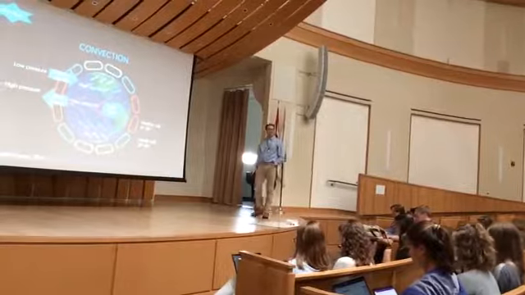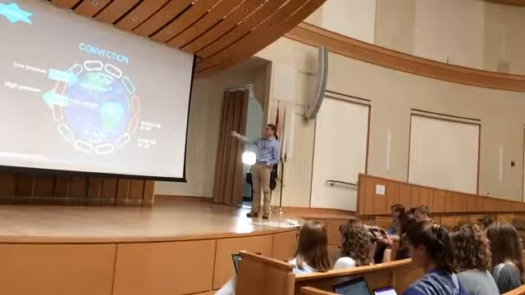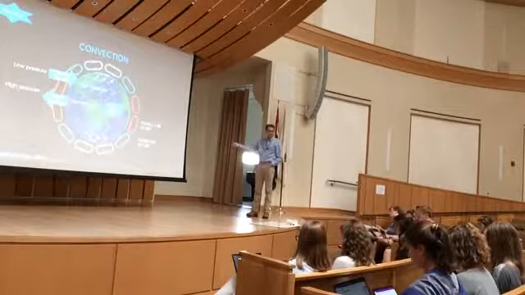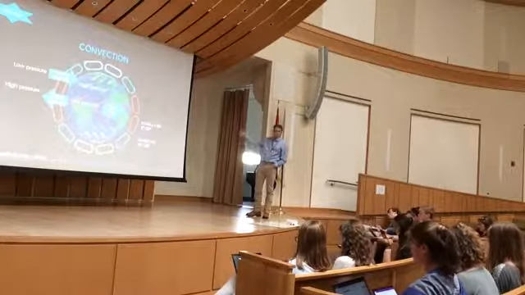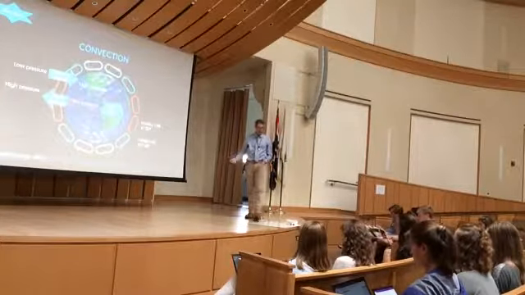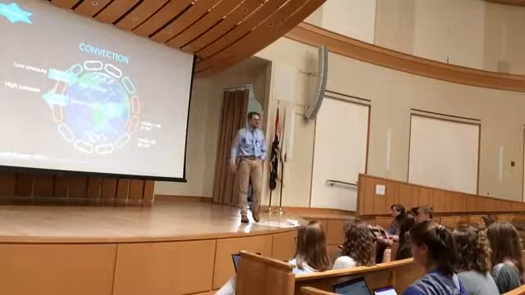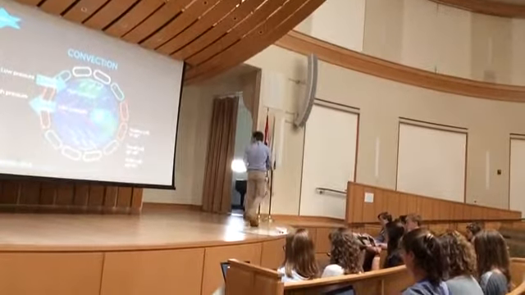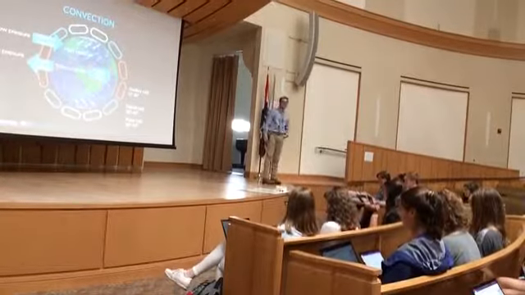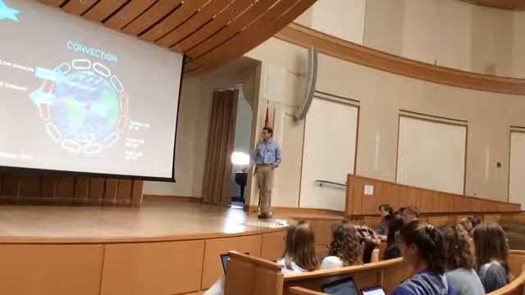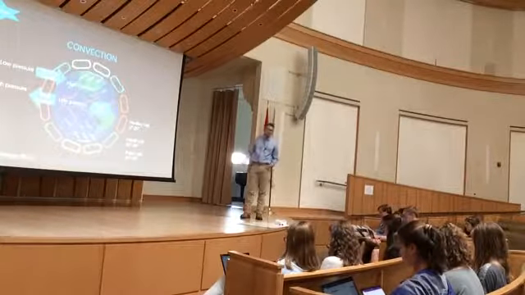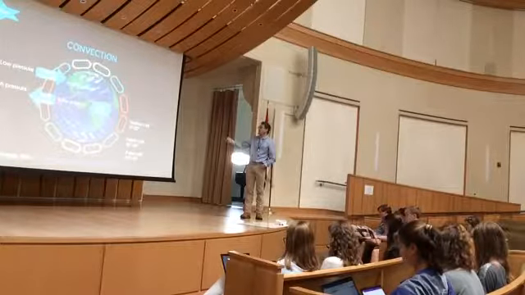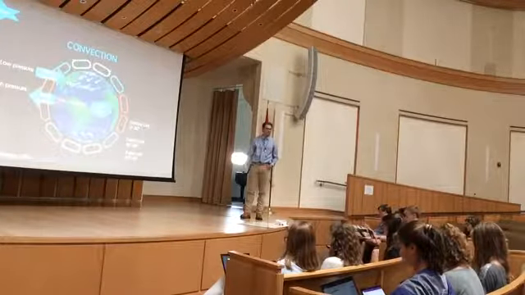From 30 to 60 degrees, again, there's another one in the northern hemisphere as well. I labeled them in the southern hemisphere, but respectively in the northern and southern hemisphere, from 30 to 60 degrees is known as the Ferrel cell. And then finally, the one that's the easiest to remember is the polar cell between 60 degrees and 90 degrees of latitude. One in the northern hemisphere and one in the southern hemisphere as well.